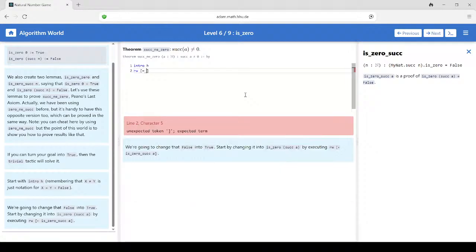Backwards arrow, we're going to change false. Oh, false is 0, successor A equals false. So we're going to do it backwards and turn false into is 0 successor A.